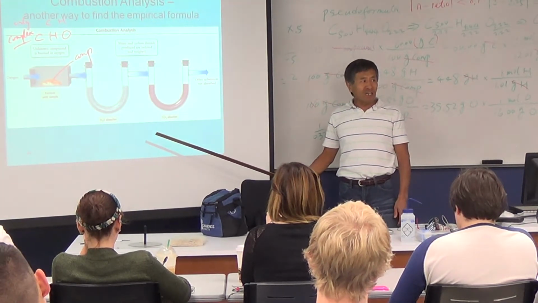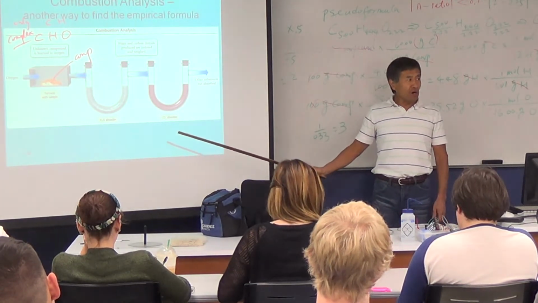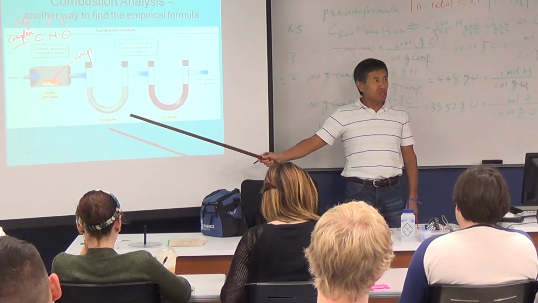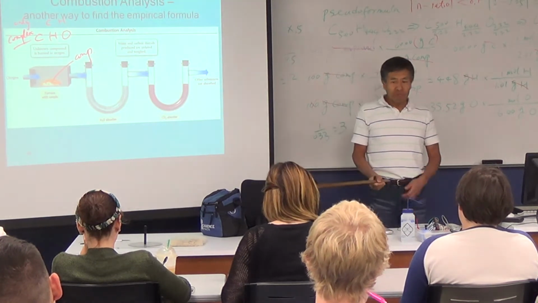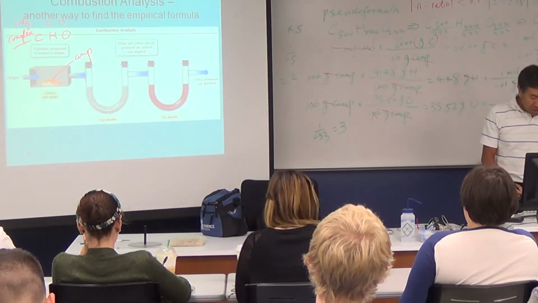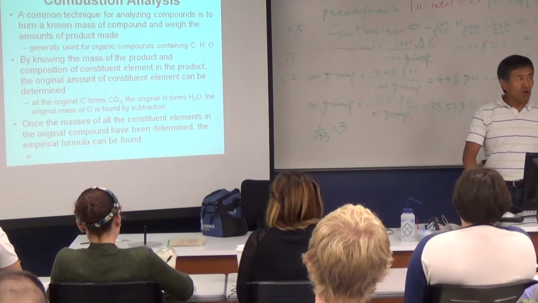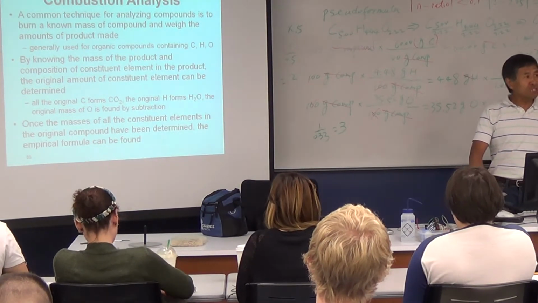So then we will analyze how much CO2 we get and how much water we get. Then we know if our chemical reaction is complete, all the H will go into water and all the carbon will go into CO2.